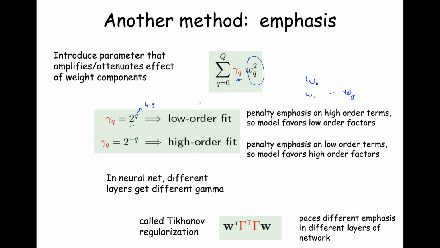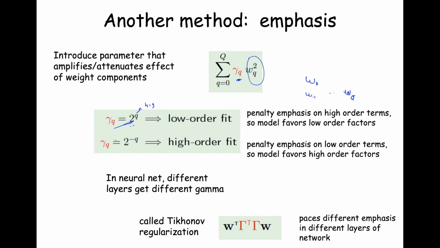What that ends up doing is putting emphasis on the low order terms in the polynomial, so the model favors the low order factors, because the minimization is not going to want to add weight in those parts of your model. And conversely, if your gamma is 2 to the minus q, that's going to be a higher order fit.